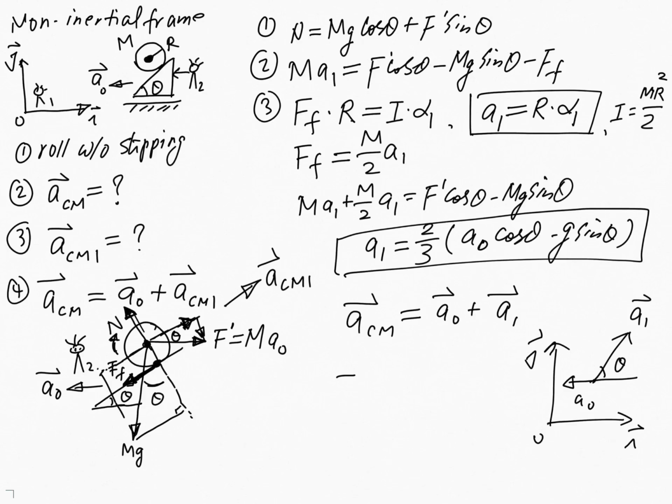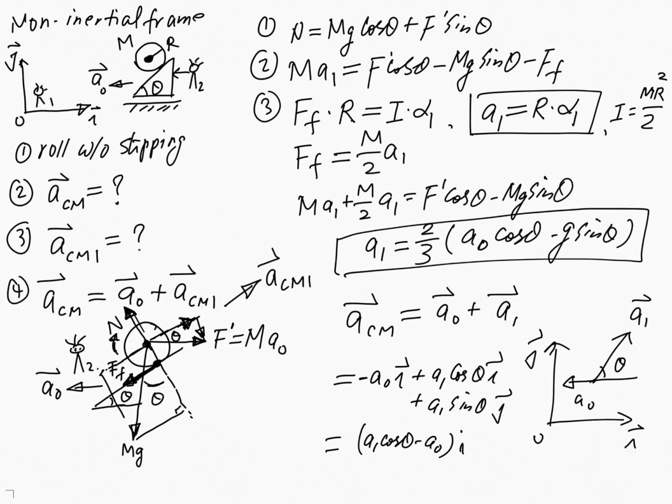So we can continue on this and decompose A1 into i and j directions. We have A0 in the negative i direction, plus A1 cosine theta in the i direction, plus A1 sine theta in the j direction. So that should give us A1 cosine theta minus A0 in the i direction, plus A1 sine theta in the j direction.